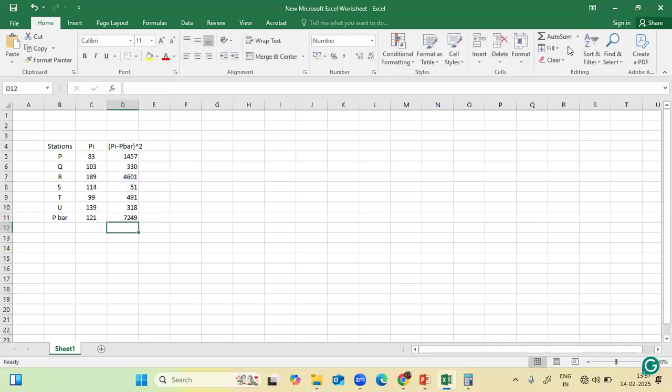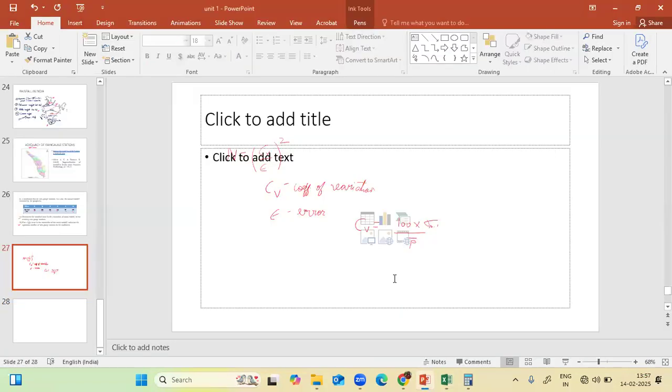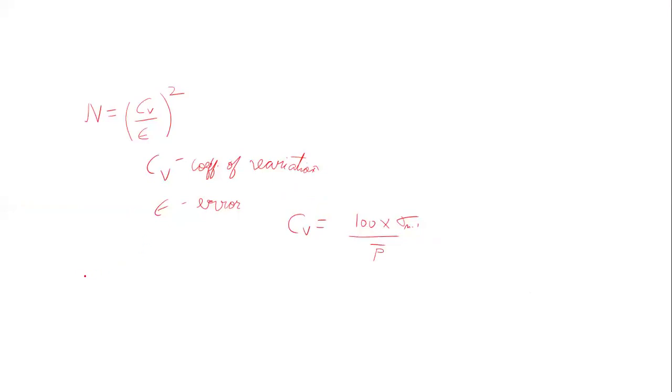When all these values are computed, I'll sum it up and I'll divide this by 5. Why did I divide this by 5? The formula for determination of standard deviation, that is the sigma m minus 1, is under root of summation of (Pi minus P bar) whole square, that is each precipitation value minus average value whole square for each value.